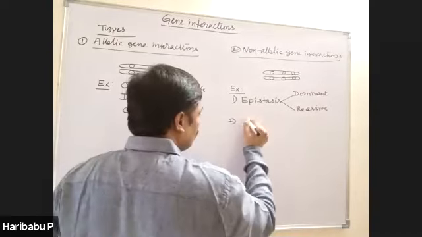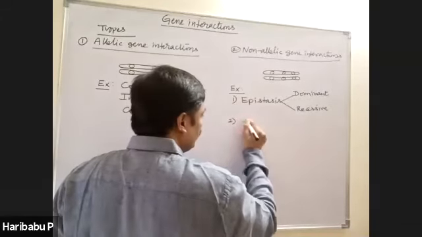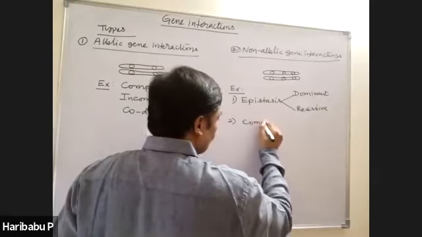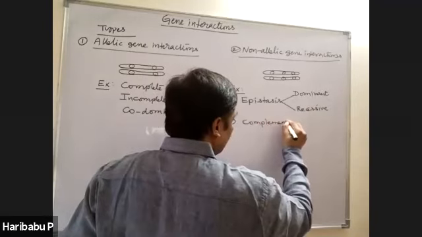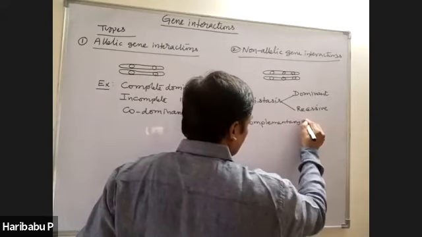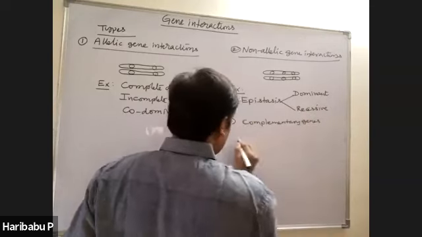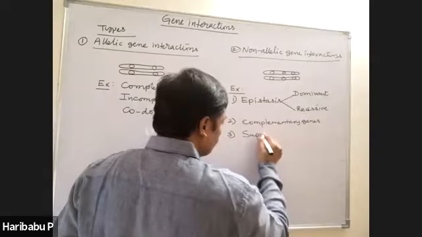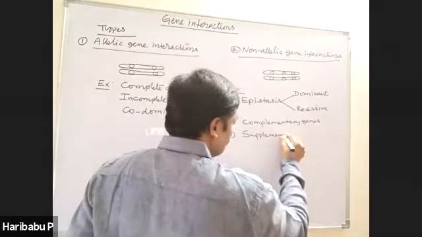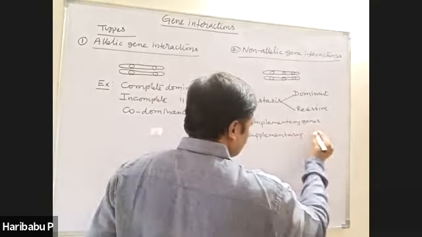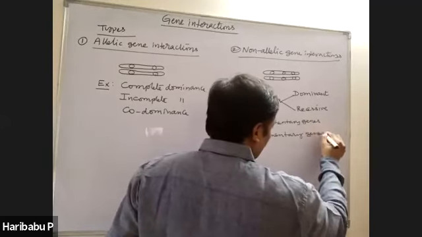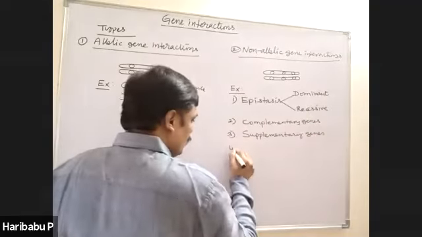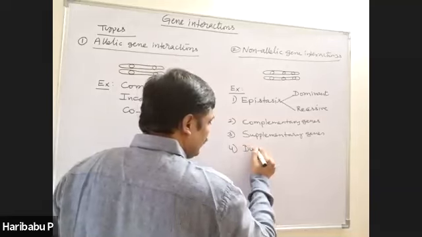Second one, complementary genes. Third one, supplementary genes. Fourth one, duplicate genes.